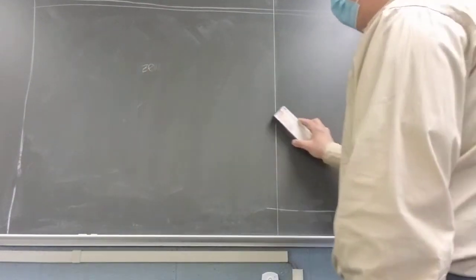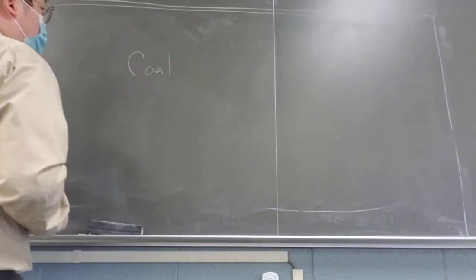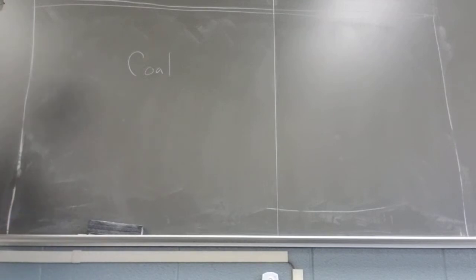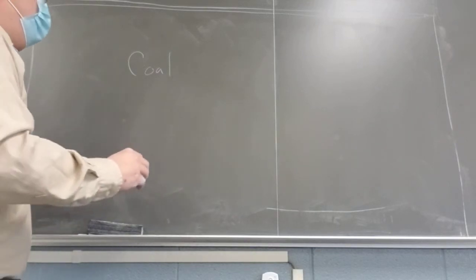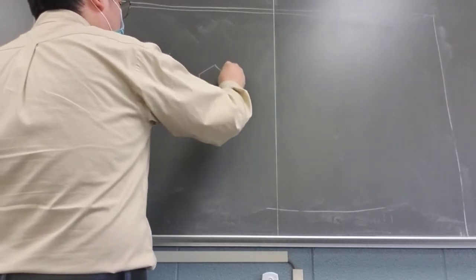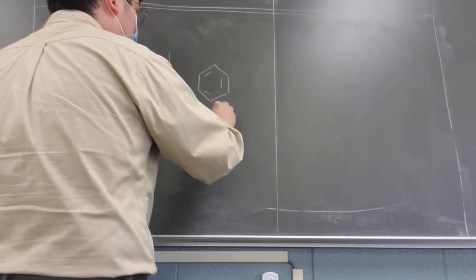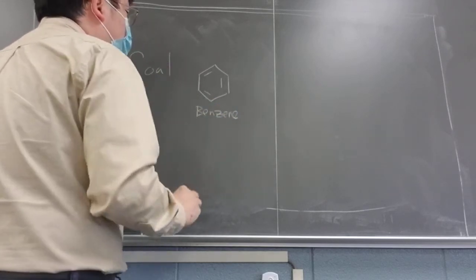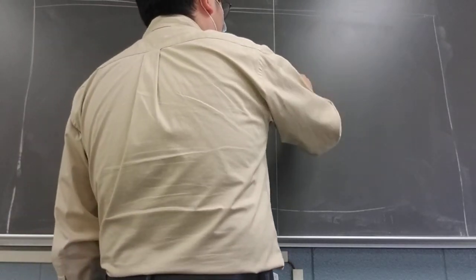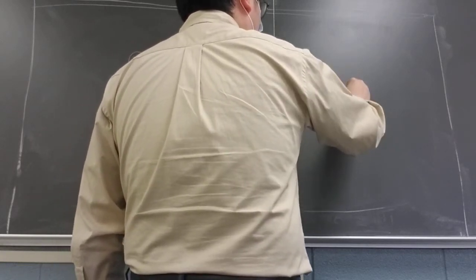If you look at the fossil fuel coal, you have a lot of those types of compounds. So we're going to look at several things. Obviously we have benzene, and you have some weird one that looks like this.